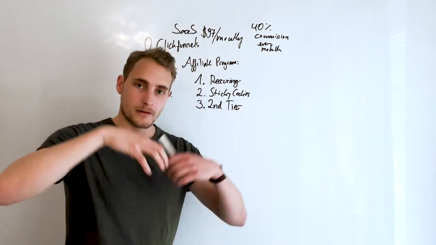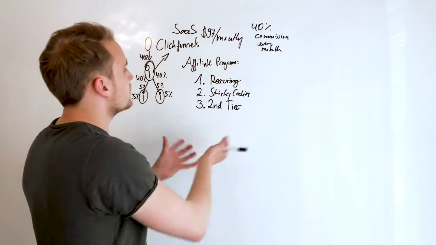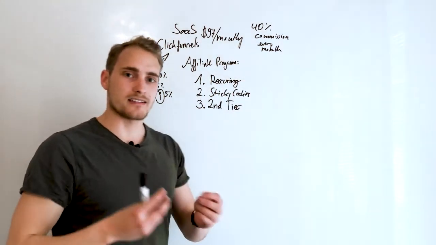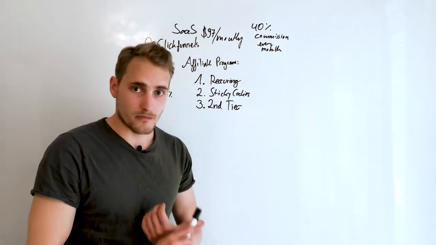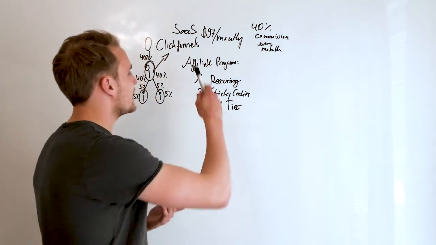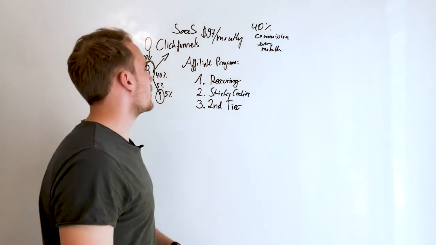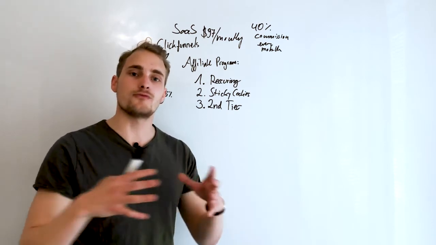I'm going to elaborate on this in detail in the next lecture, but this is basically what makes ClickFunnels so unique, so special. It's a really, really good software product, first of all, and then it differentiates through their affiliate program, which is just absolutely huge in potential.